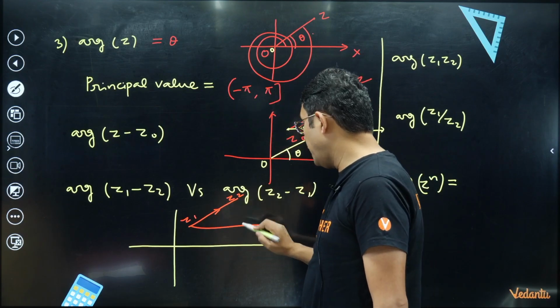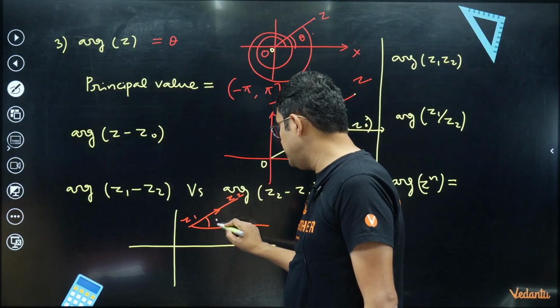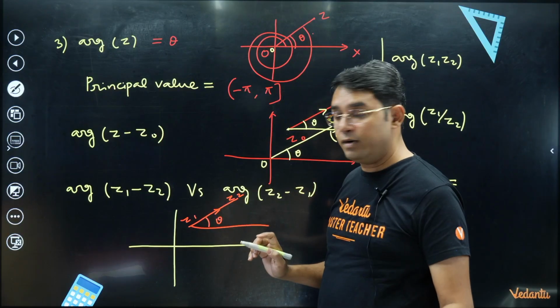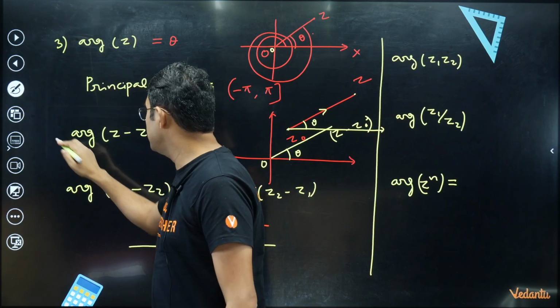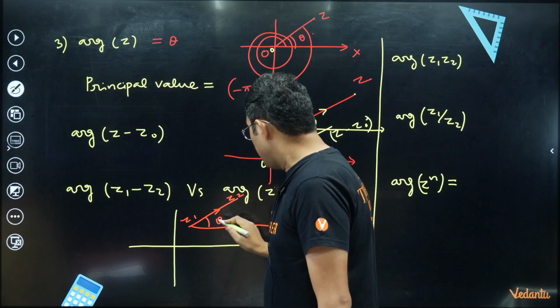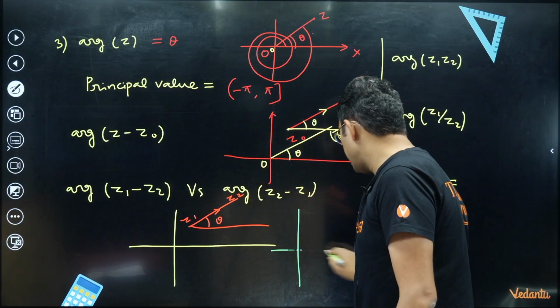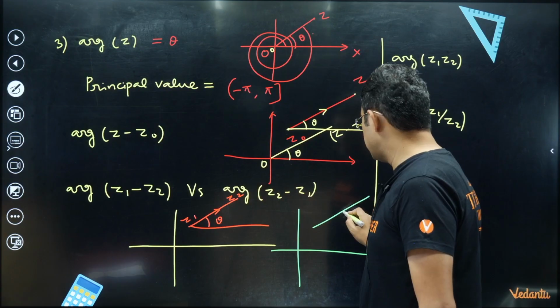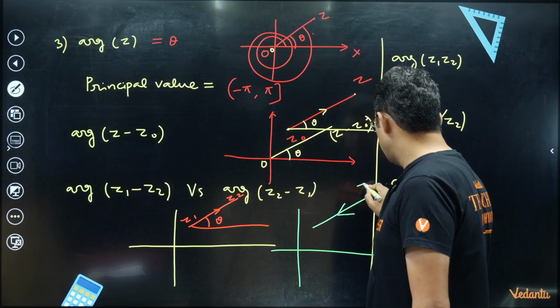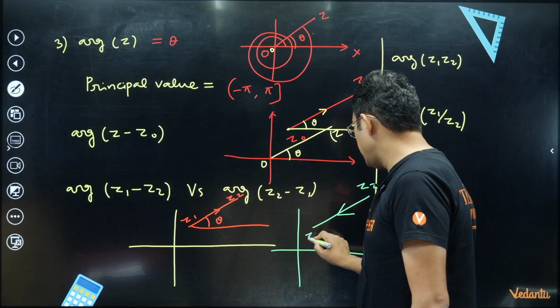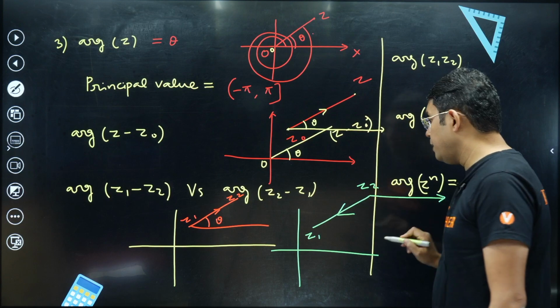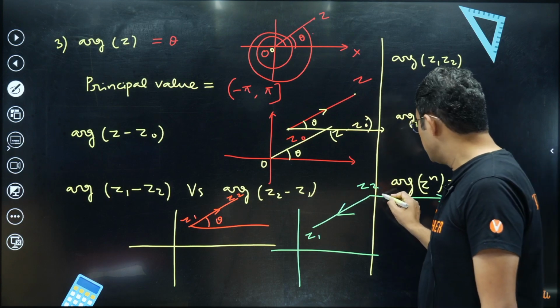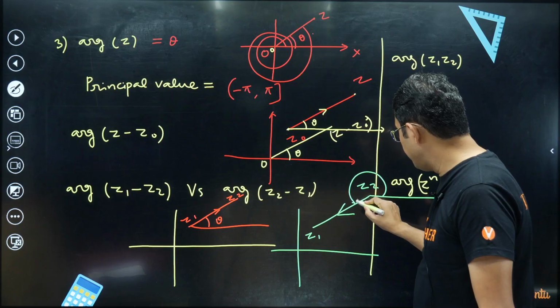You draw a line this way, so this will be the theta for Z2 minus Z1. But if you are looking for Z1 minus Z2, then let me draw a different diagram so that there is no confusion. In this case, the arrow will be going like this, and Z2 is this, and Z1 is this. Now this is the starting point. We will draw a line parallel to the x-axis. So this will be the argument.